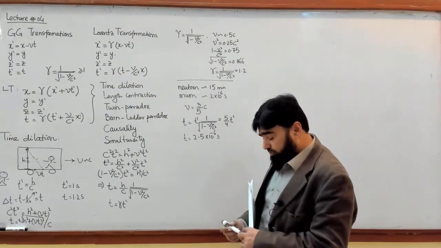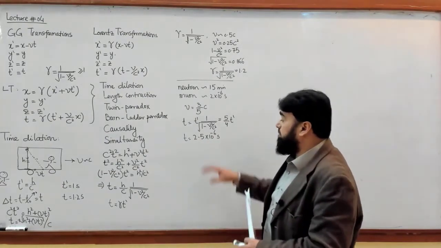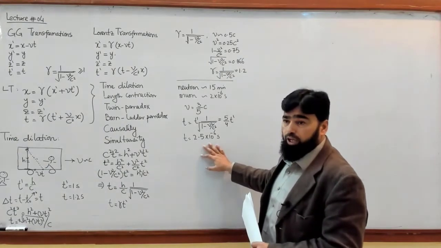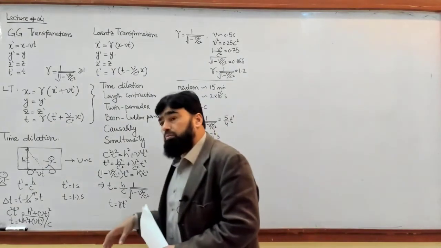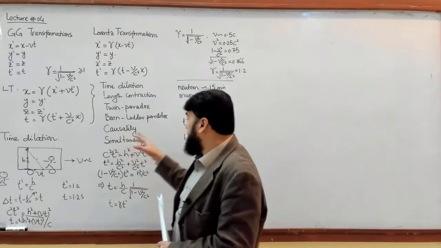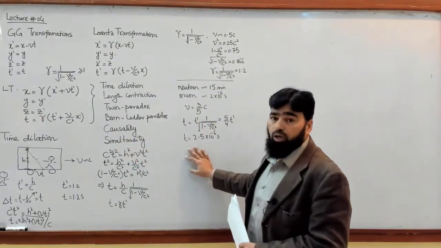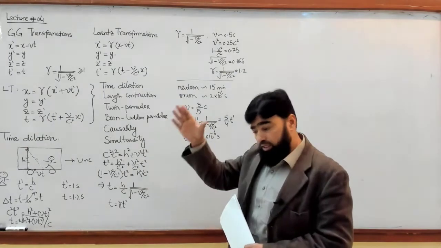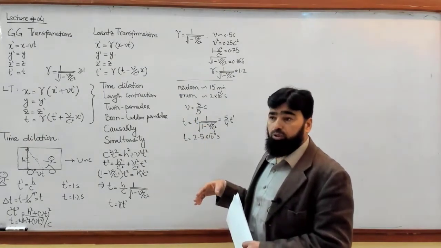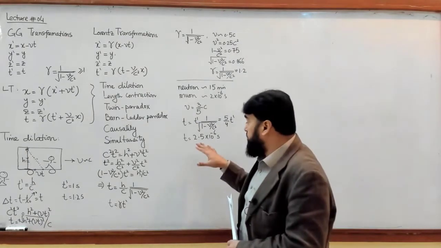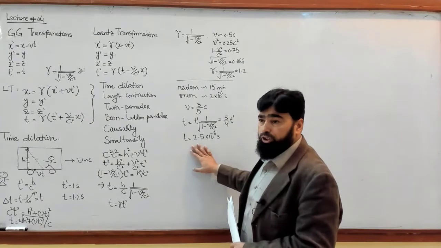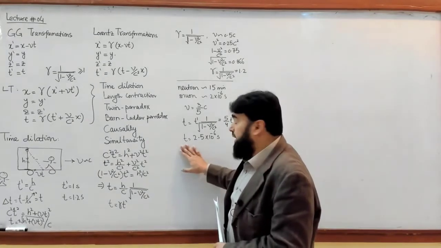And this was one of the remarkable achievements of the special theory of relativity, because some of the elementary particles reaching our earth are supposed to decay in space during their travel, but they do reach our earth, and that was the confirmation that their lifetime extends.